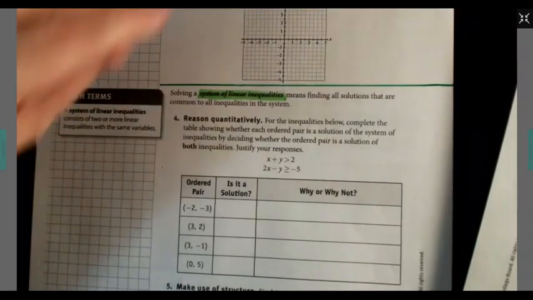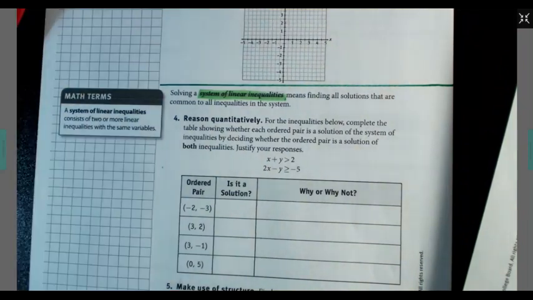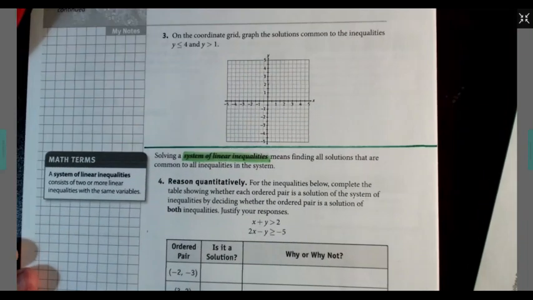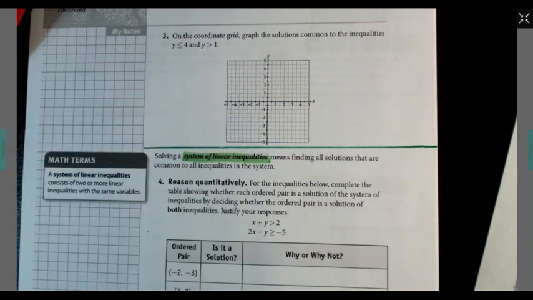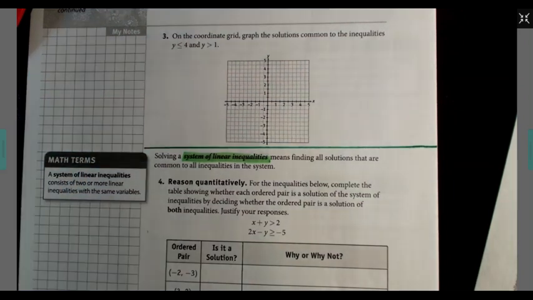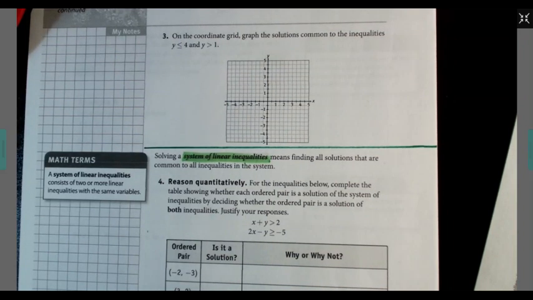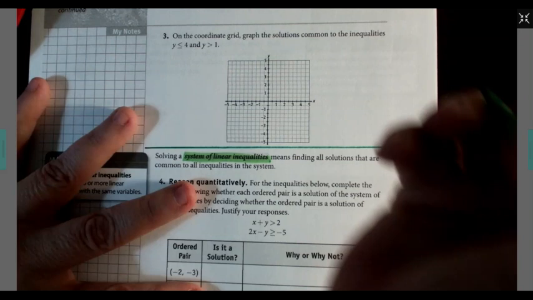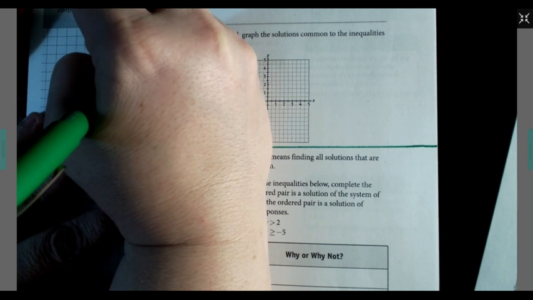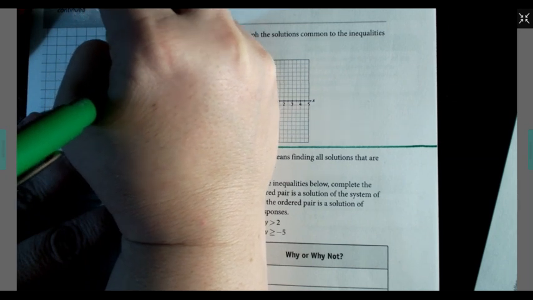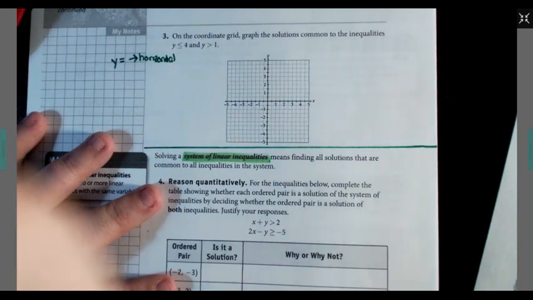Now let's take a look at 3. 3 says, on the coordinate grid, graph the solutions common to the inequalities. Y is less than or equal to 4, and Y is greater than 1. Well, if x equals gives me a vertical line, y equals gives me horizontal lines. So anything of the form y equals is horizontal if it's one variable, okay?